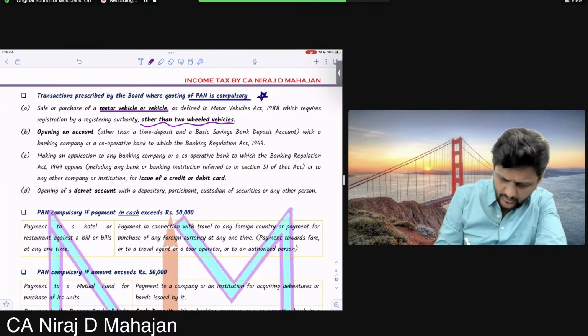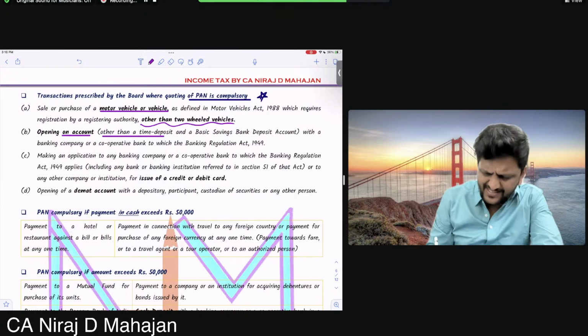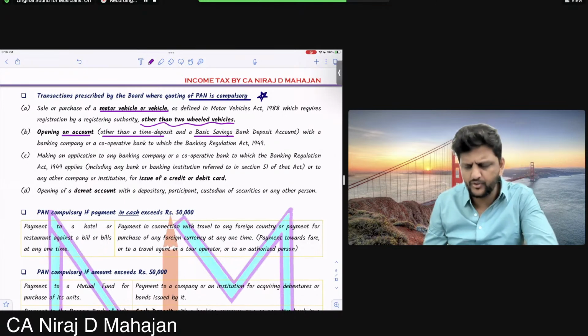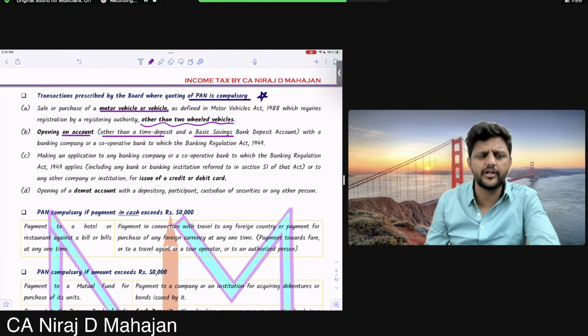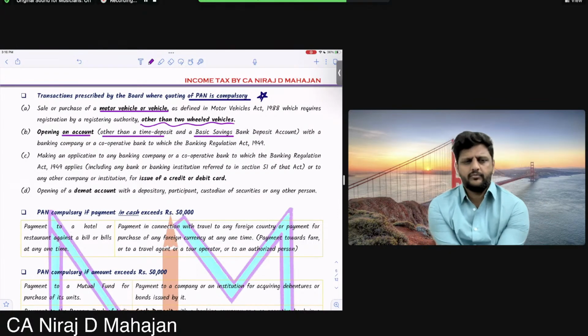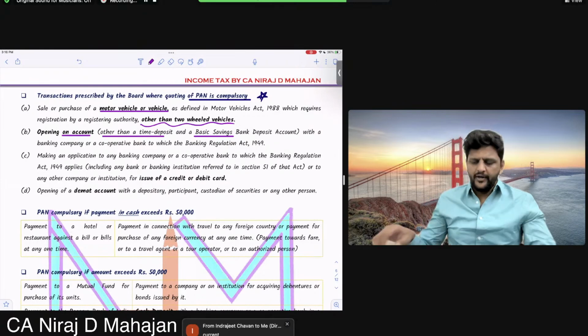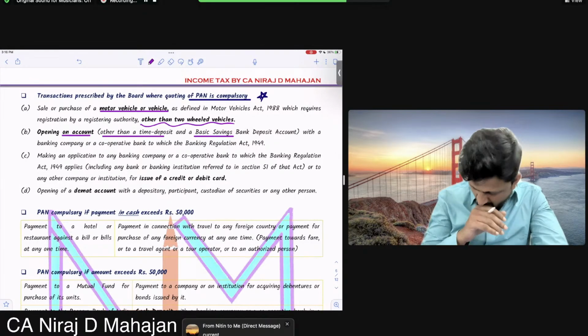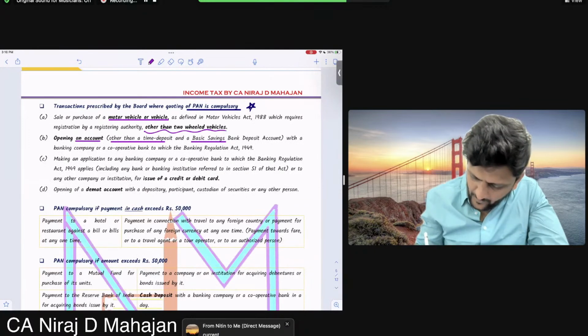Then, opening an account. Pay attention now. Other than a FD and a basic savings bank account with a bank or cooperative bank or banking solution. Which account then, if it is not FD account and savings account? Very good. Current account.